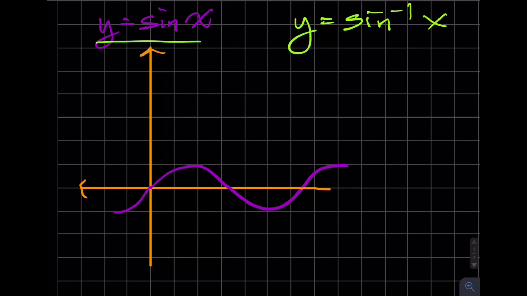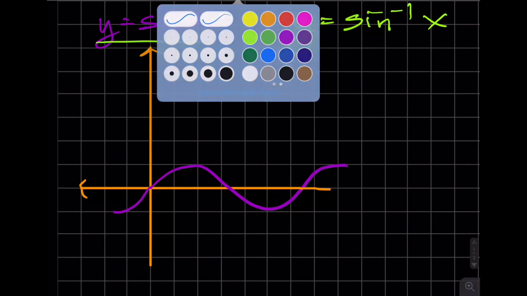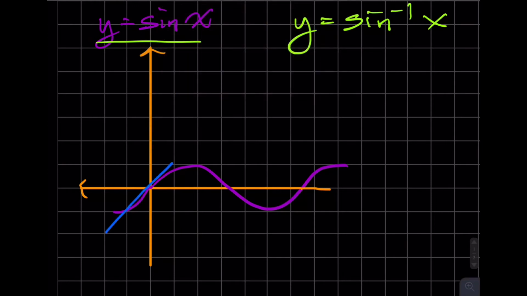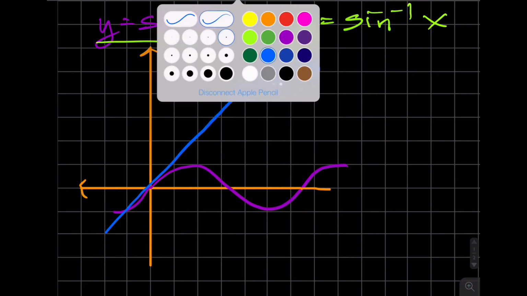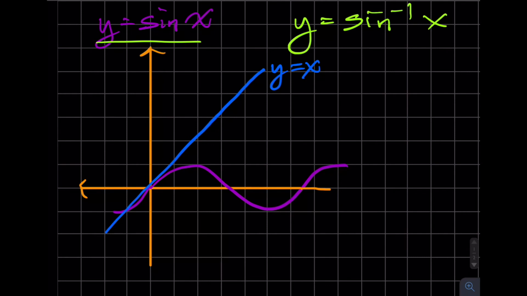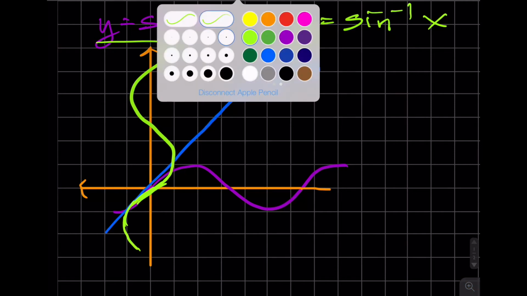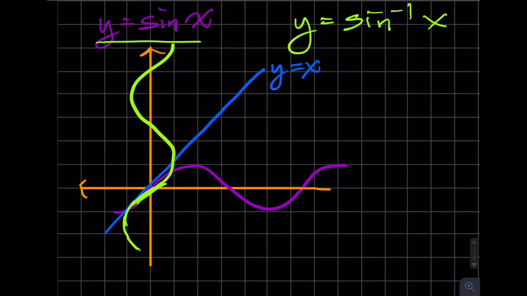Now, because I switched the x and y, we have to think about graphically what that means. I have this function, y equals x, and inverse functions are reflected about that axis. Okay? But the problem with that is this new function no longer passes the vertical line test.